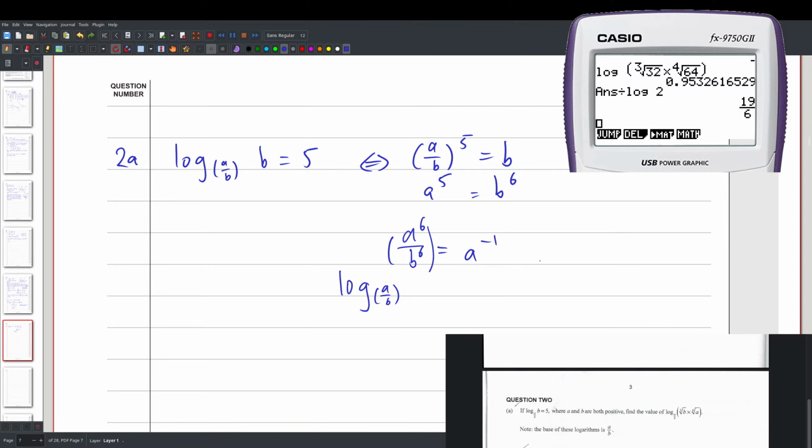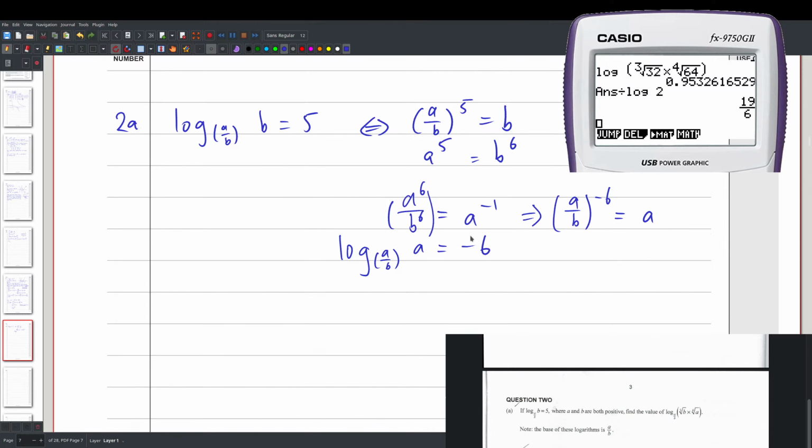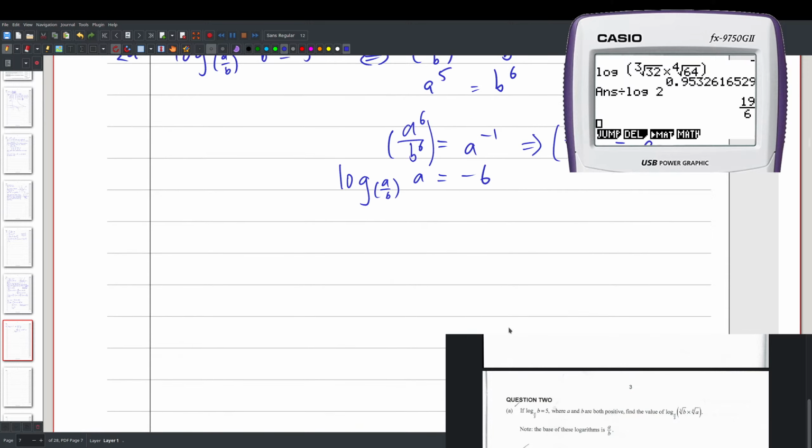So, hence, a on b to the negative 6 equals a. So this is actually negative 6. Right, so now what you want to do is you want to come over. Wait, doesn't seem right. Nah, should be right. Okay. So, let c equal a over b.